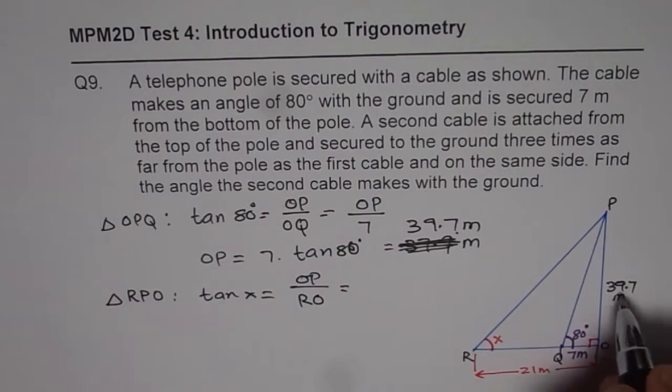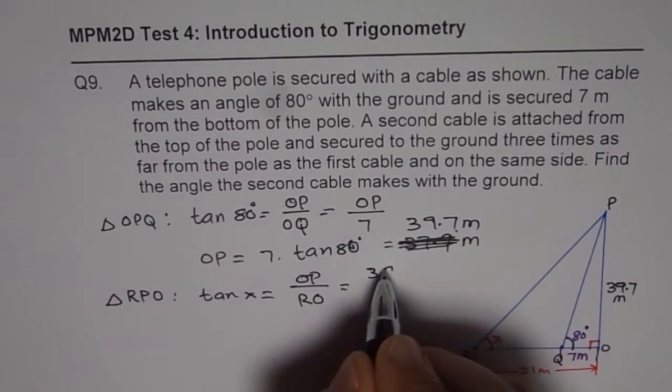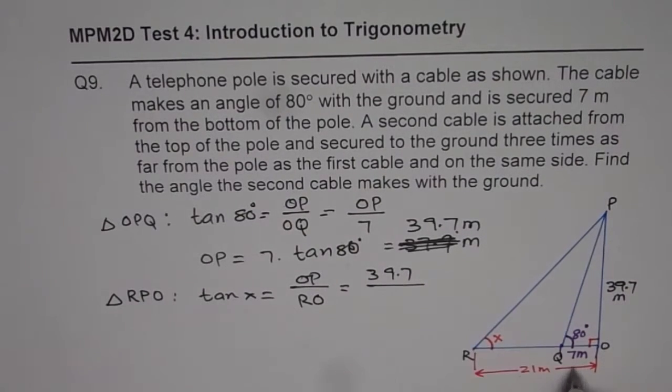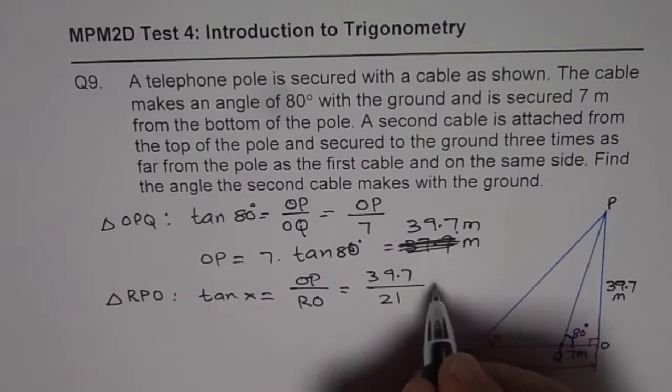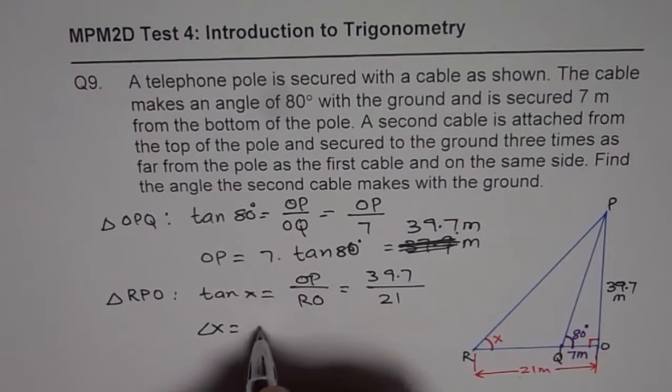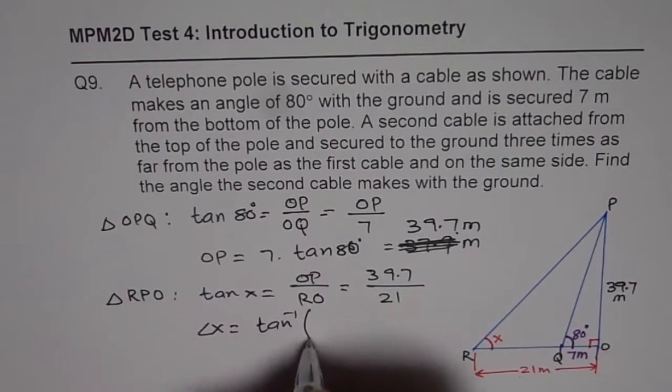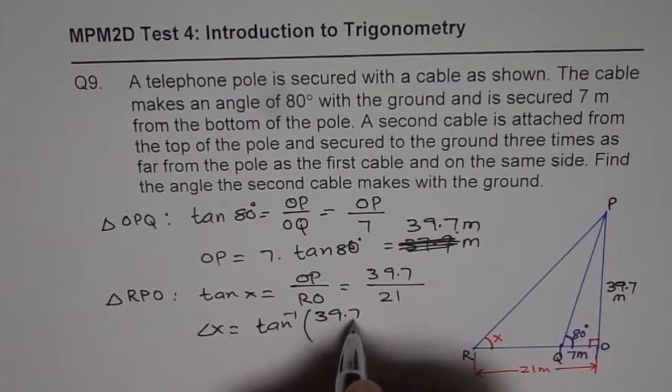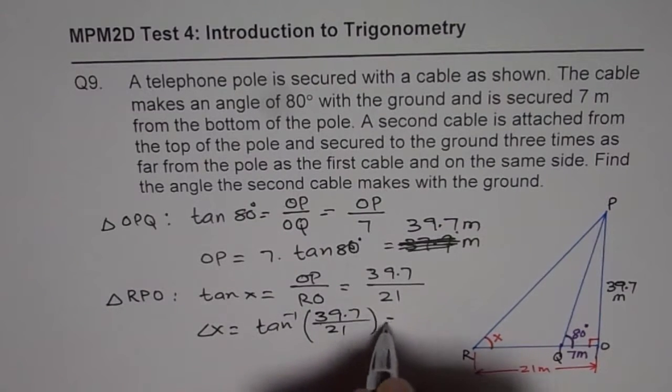Now OP is 39.7 and RO is 21, 3 times 7, correct? So what is angle X equal to? We can say angle X equals tan inverse of 39.7 divided by 21.